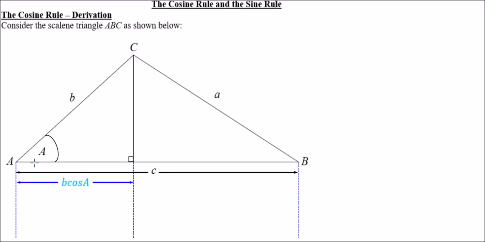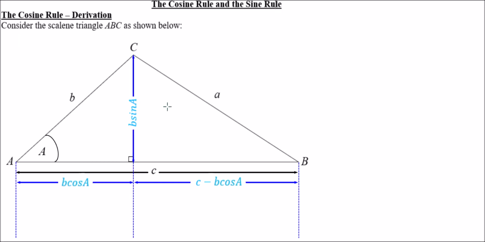If the whole length from A to B is C, and this portion is B cos A, then this bit will be C minus B cos A. Using trig for this side length, from the bottom up to the point C, this will be B sine A.